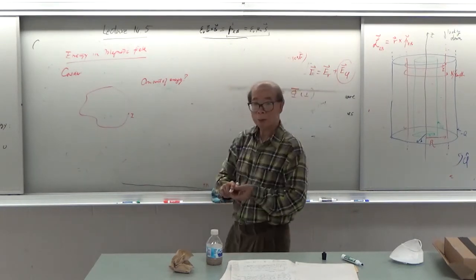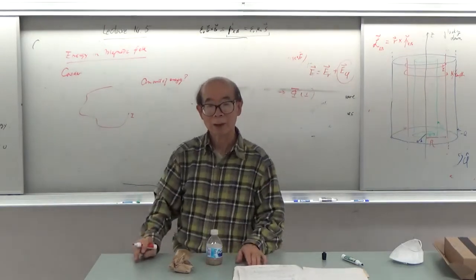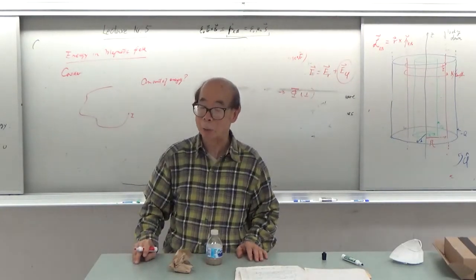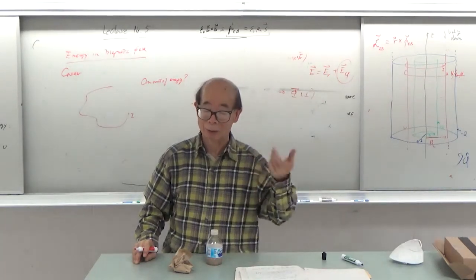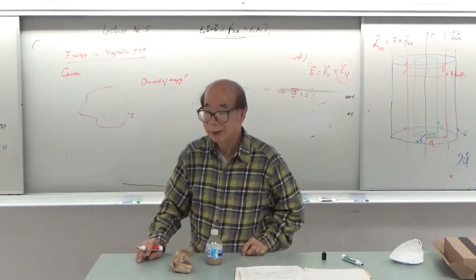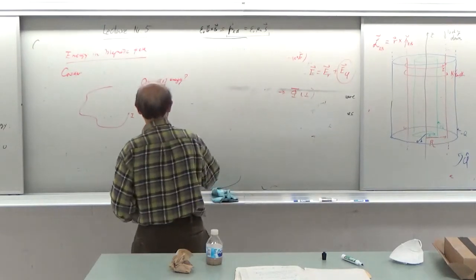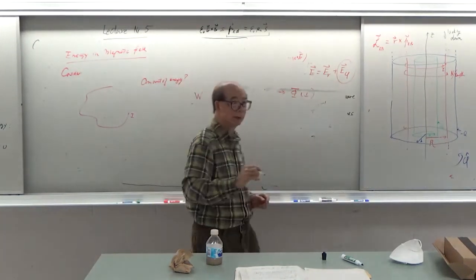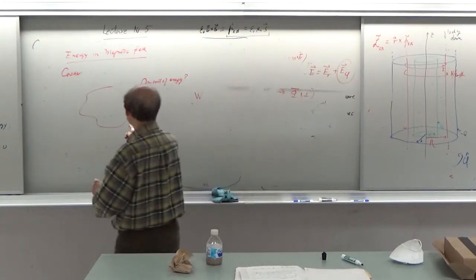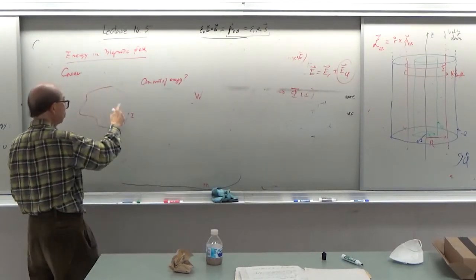Well, you have to remember that it takes energy, it takes work, to get the current started, to get the current going. Let's ask the question, what is the amount of work to have one unit charge go around the whole circuit?